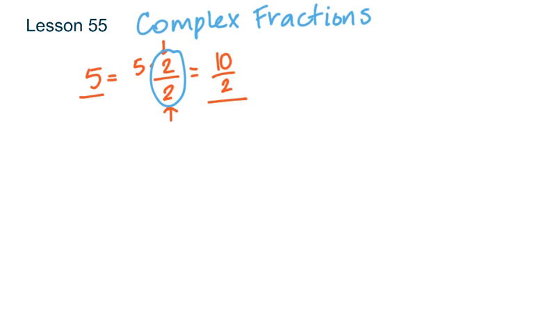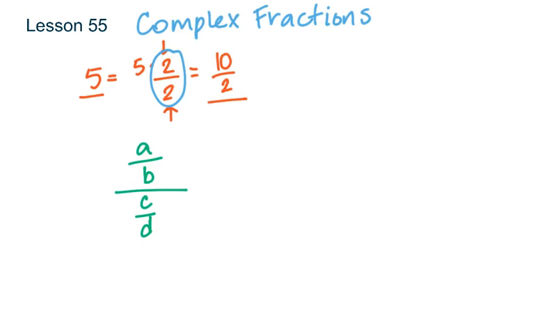Fractions of fractions are called complex fractions. So here is an example of a complex fraction written in all variables. If we have a over b, that's just a regular fraction, but it becomes a complex fraction when we have another fraction under it. So it's sort of fractions within a fraction.